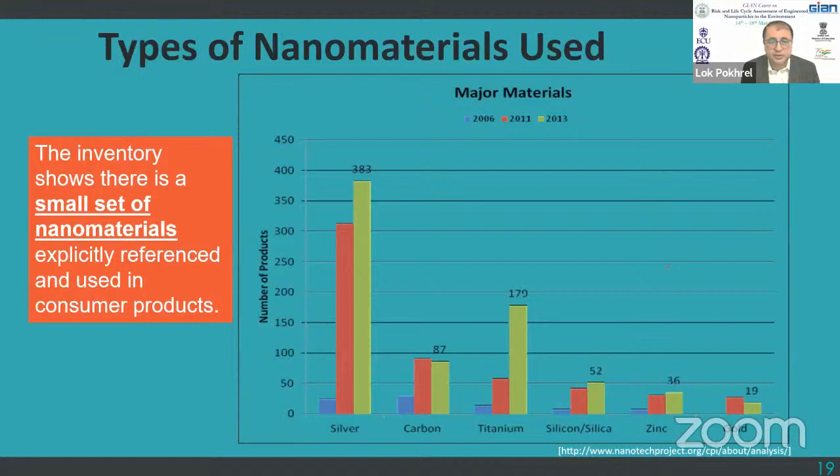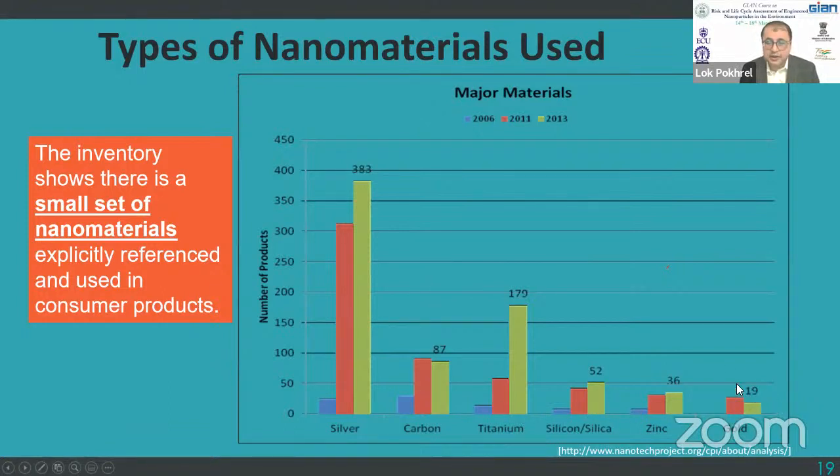And this is a little bit older data that we had collected earlier, from 2013, the comparison between 2006, 2011, and 2013. So silver seems to be the most widely used nanomaterial in various material applications in various consumer products. And then carbon, and then we have titanium, silicon, silica, zinc, and gold.